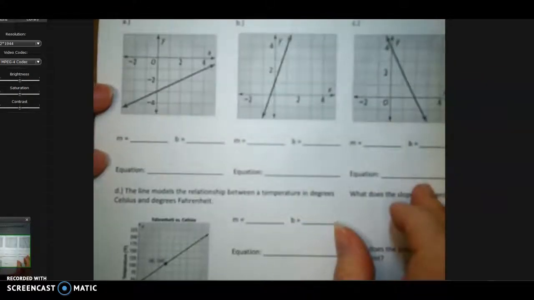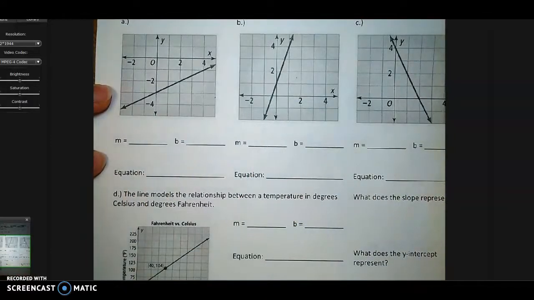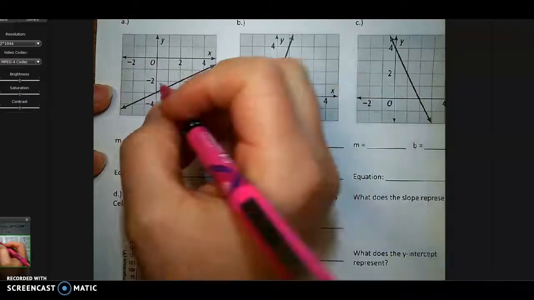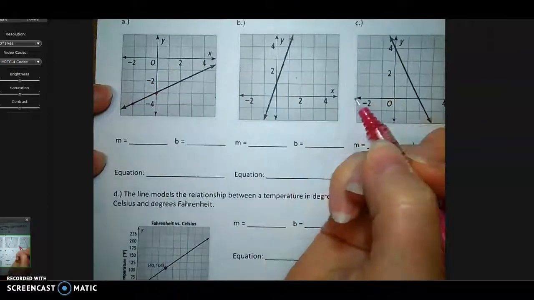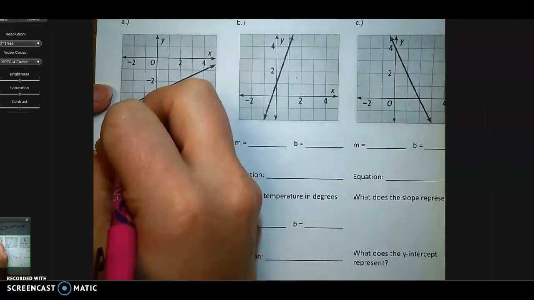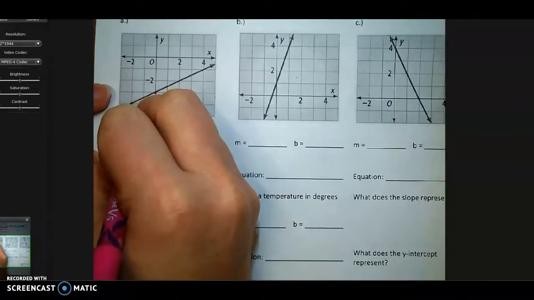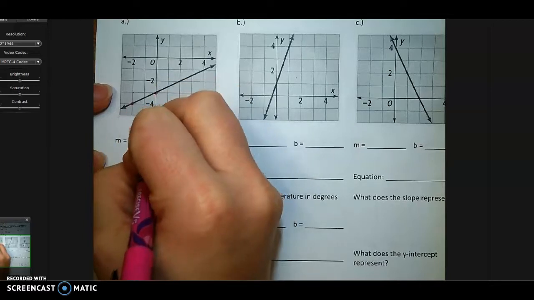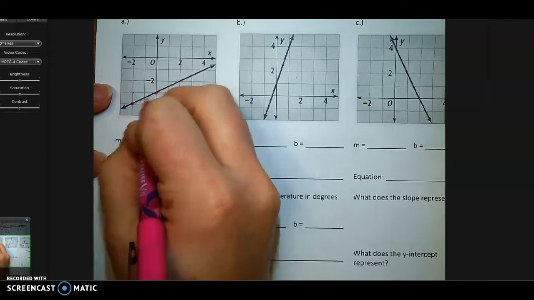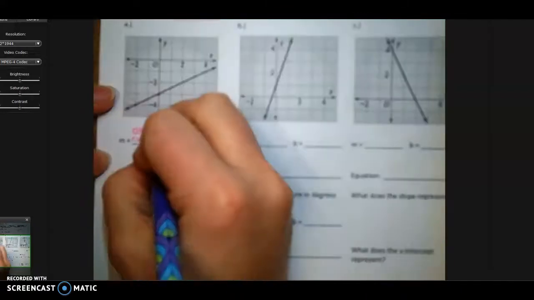So on this first one right here, I'm going to find my slope. Remember, it's rise over run. And I like to pick points that hit perfectly. So I'm going up 1 and over 2, and since it's rise over run, I went up 1, so my rise was 1, and then my run was 2.